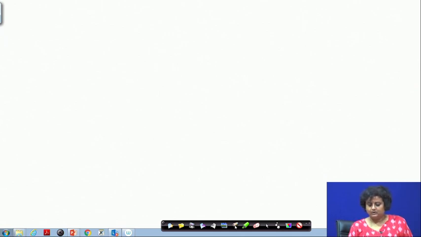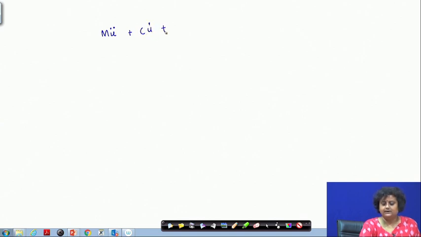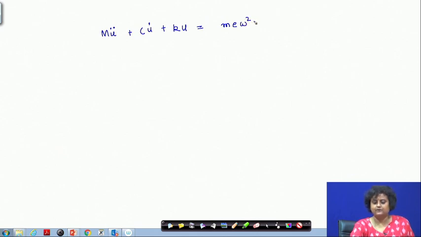So, we know that for a rotating unbalance, the equation of motion is going to be M u double dot plus c u dot plus k u equals m e omega square sin(omega t), where m is the mass of the rotating unbalance, e is the eccentricity or the distance from the axis of rotation, and omega is the driving frequency.